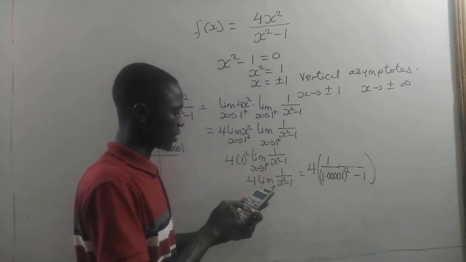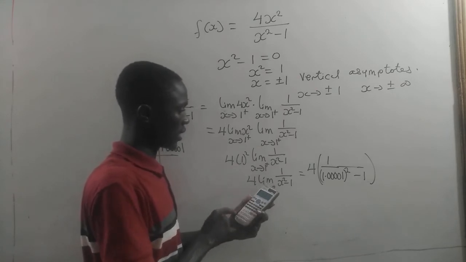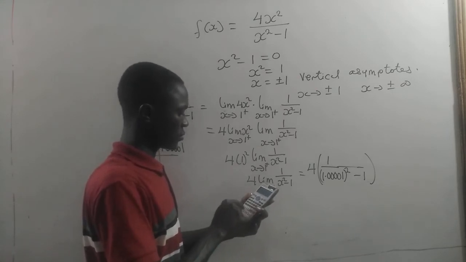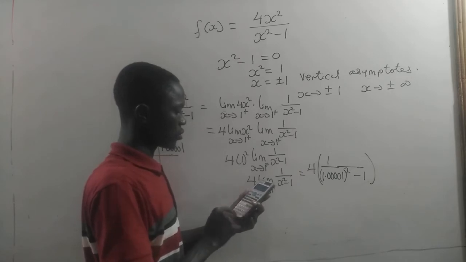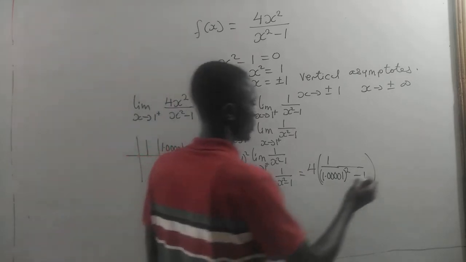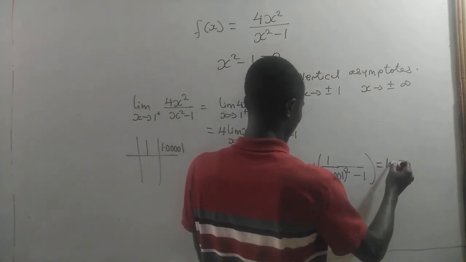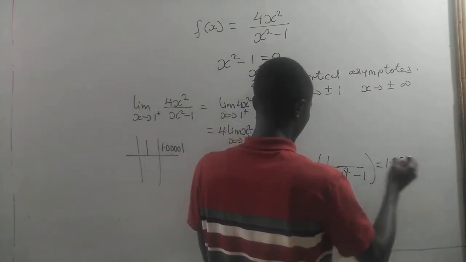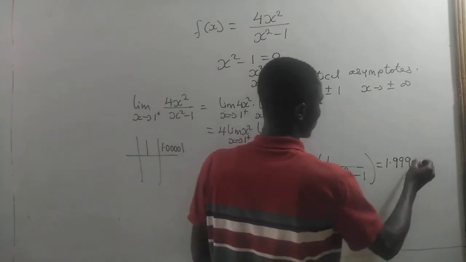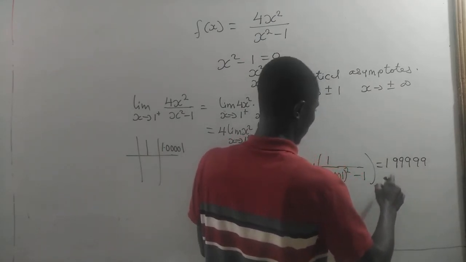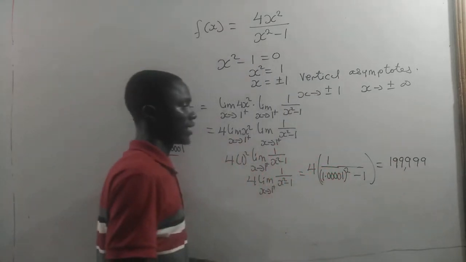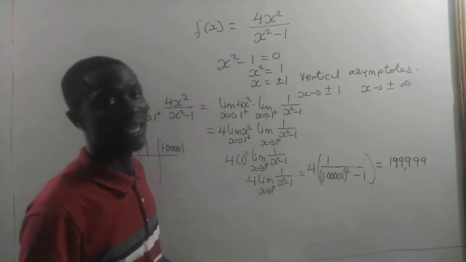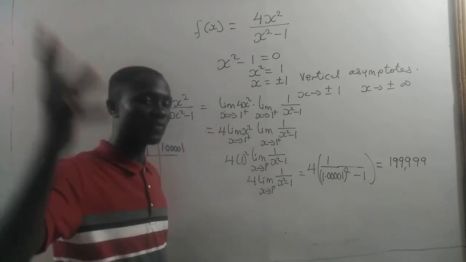You have 4 times 1 divided by 1.00001 squared minus 1, and we get 199,999, which is a very large positive number.